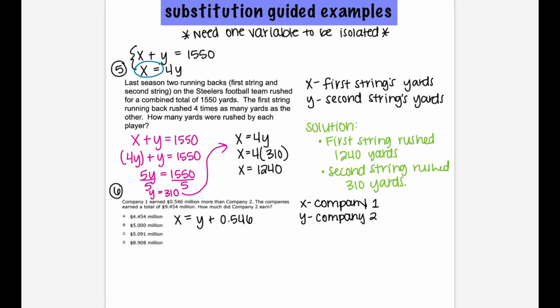So Company 2 plus 0.546. The companies earned a total, so together, Company 1 plus Company 2 earned a total of $9.454 million. How much did Company 2 earn? So we want to know what is Y.